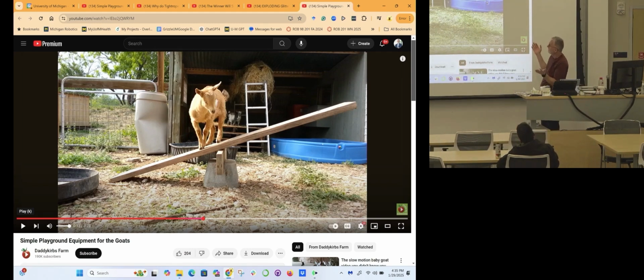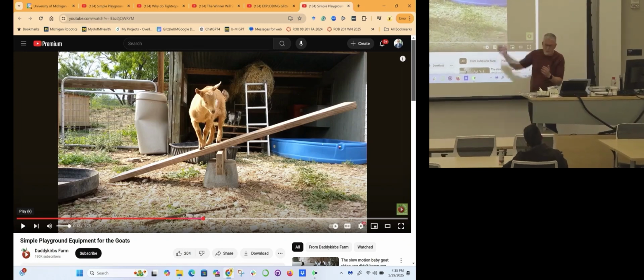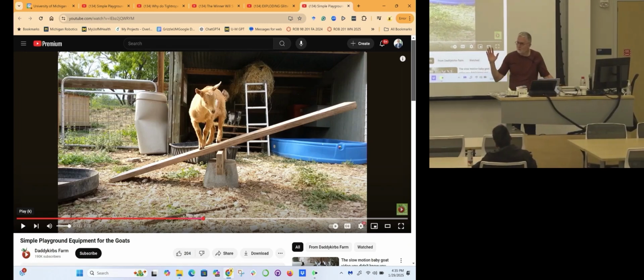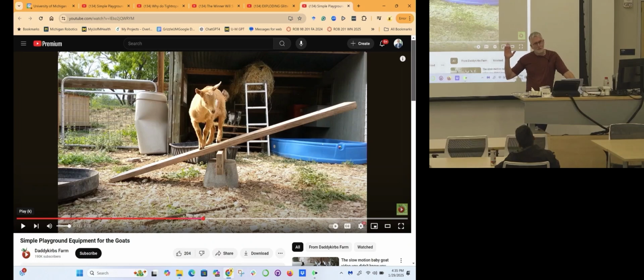So the thing in the middle is called a fulcrum. And imagine that goat were really just a point, and that mass were exactly over the fulcrum, and the board lengths were equal and uniform density on both sides, then it should balance, right?